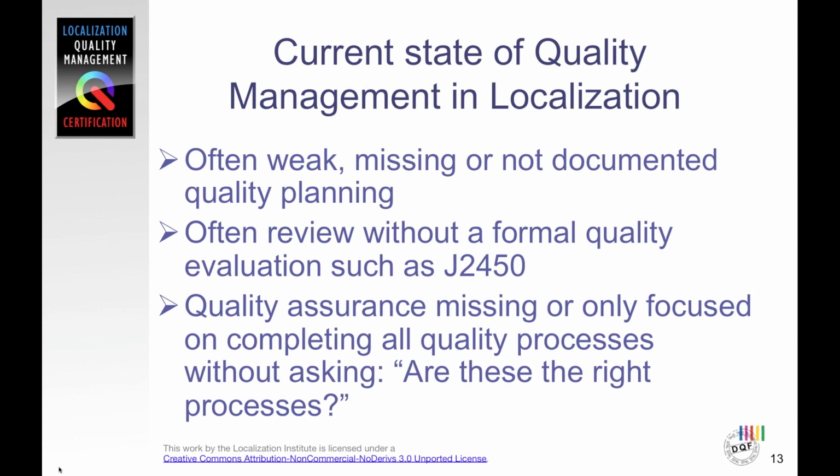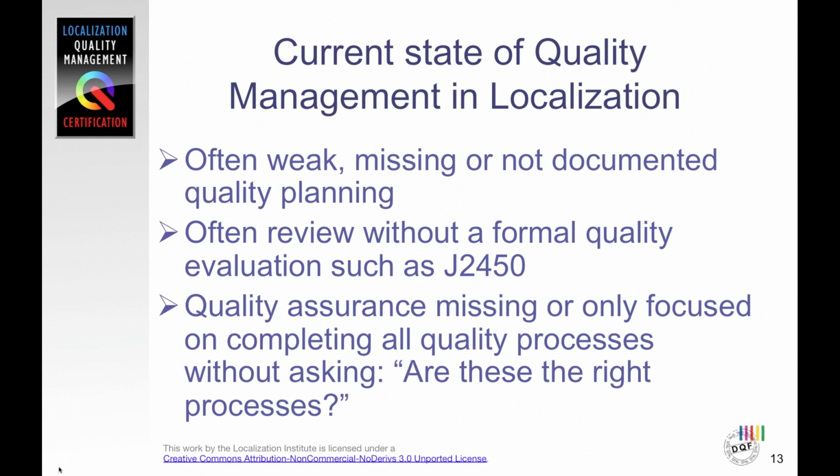So what happens is an independent reviewer will go through the translation and make changes, but there isn't formal feedback, and also there is not a decision of fail or pass, at least not in a formal, more objective manner.